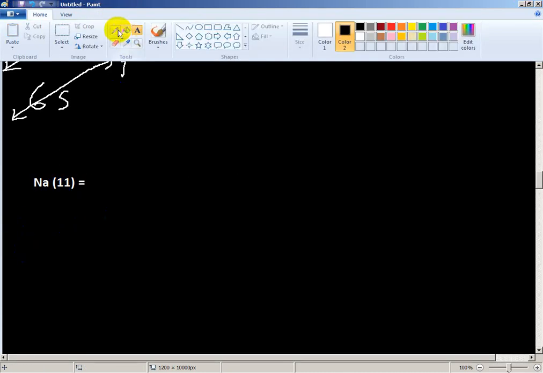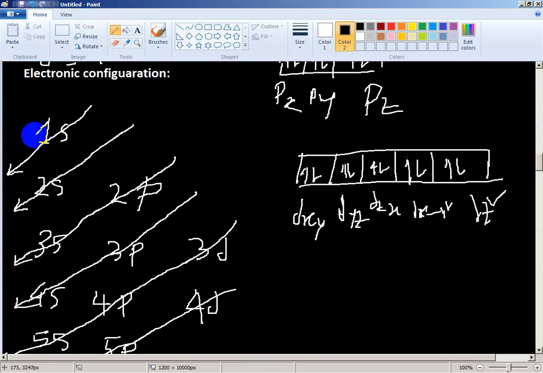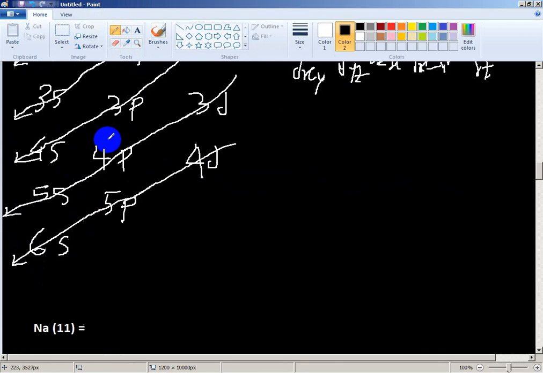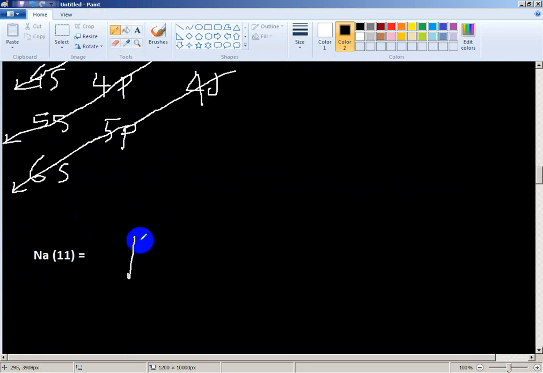So what will be the electronic configuration? Electrons first enter the 1s orbital, then 2s. In the s orbital, how many electrons can be occupied? 2 electrons. Then 2s, 2 electrons.